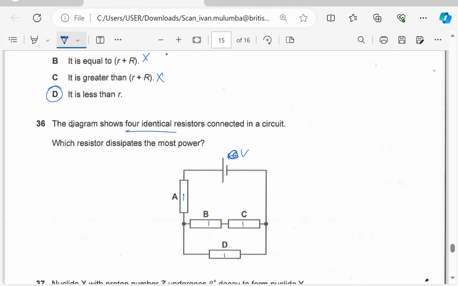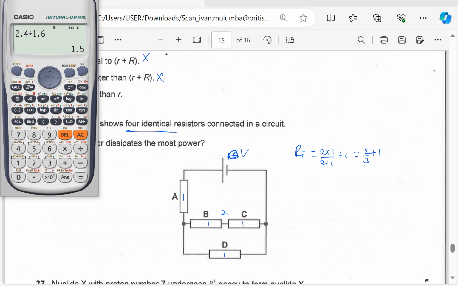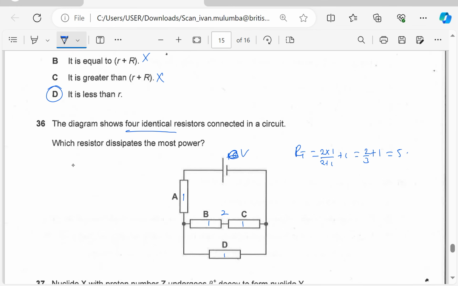So let me first of all find the total resistance. R total will be 2 times 1 over 2 plus 1, then plus 1, which will be 2 over 3 plus 1. So this is 5 over 3. So that is total resistance.